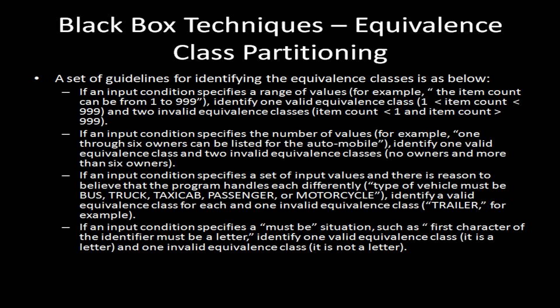If an input condition specifies a must-be situation, such as first character of the identifier must be a letter, identify one valid equivalence class, it is a letter, and one invalid equivalence class, it is not a letter. If there is any reason to believe that the program does not handle elements in an equivalence class identically, split the equivalence class into smaller equivalence classes.